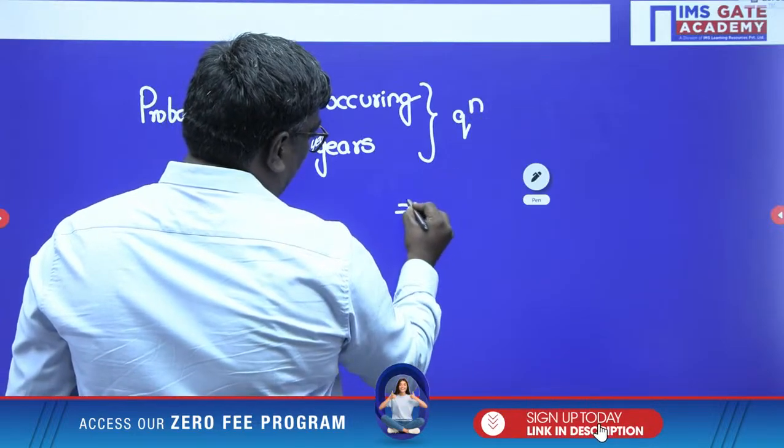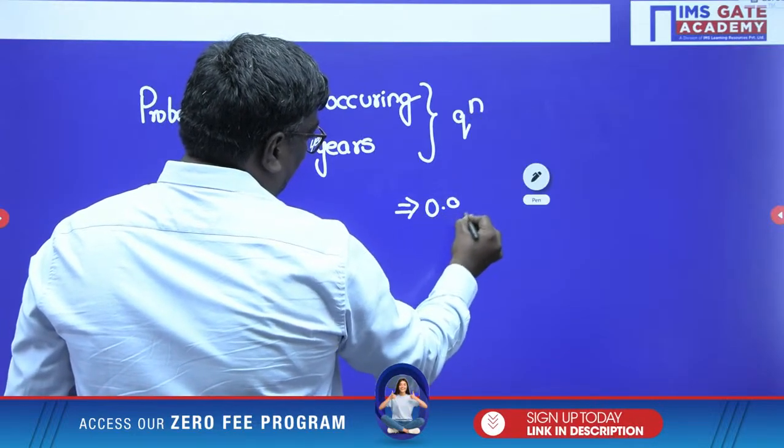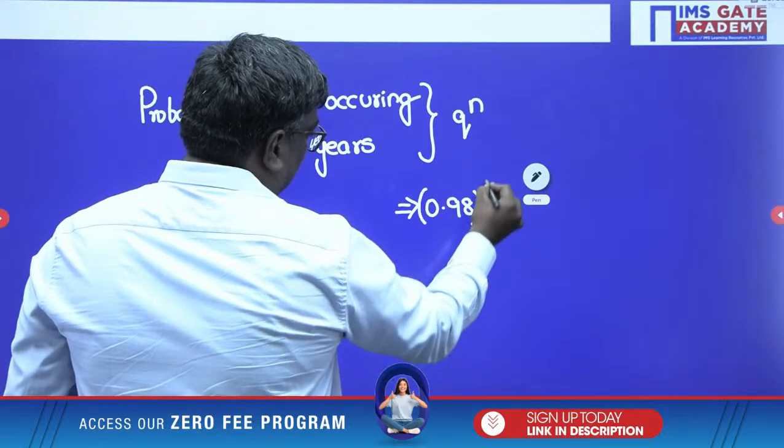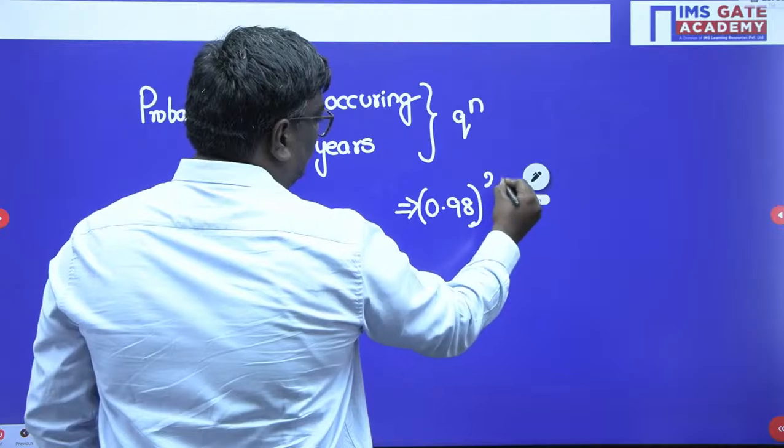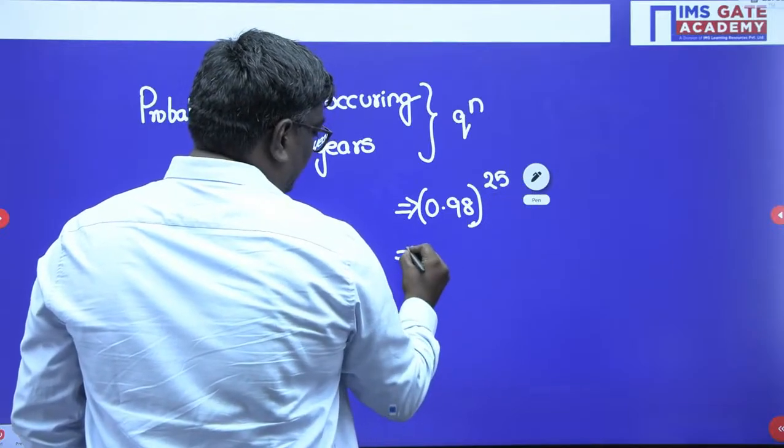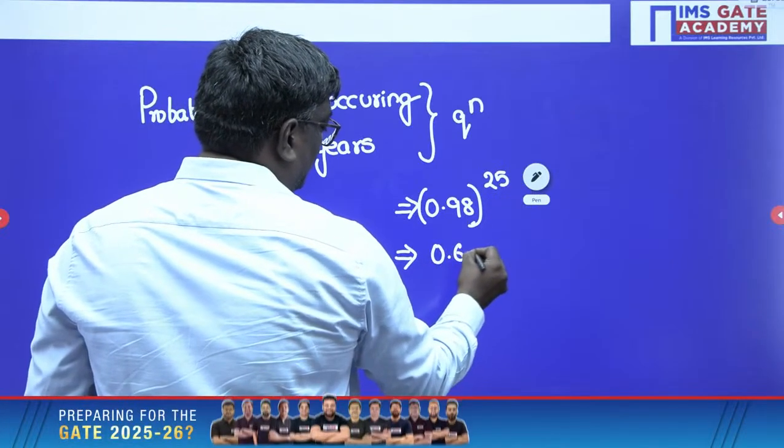Q is 0.98, whole power n, which is 25. 0.98 to the power 25. If you solve this, you will get a value of 0.6.